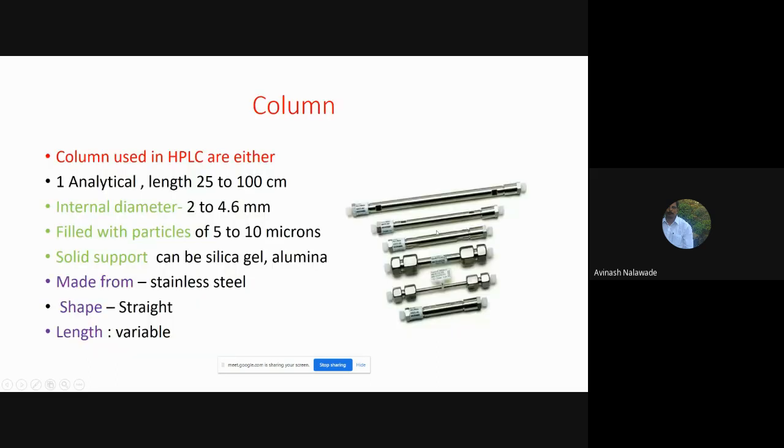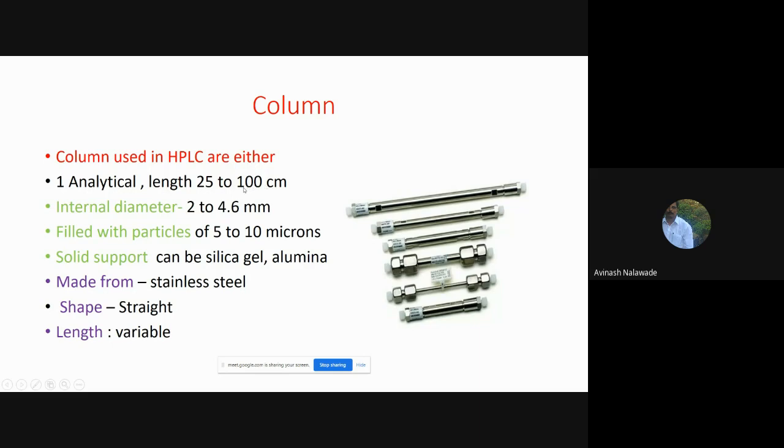Then next is the analytical column. See here, the analytical column is available in various varieties. What is the general length of the analytical column? It is 25 to 100 centimeters.